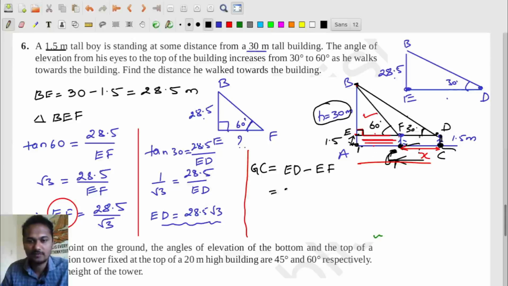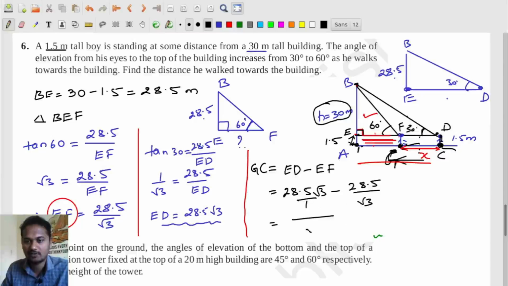What is ED? 28.5 root 3 minus 28.5 by root 3. The simplification part is important here, because most of you are not comfortable operating with irrational numbers. So here just stick to your fraction subtraction or addition, right? Here the denominator is 1, so then the LCM is root 3.